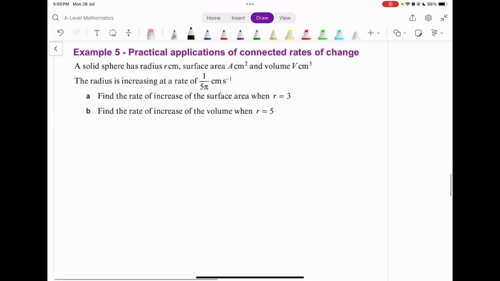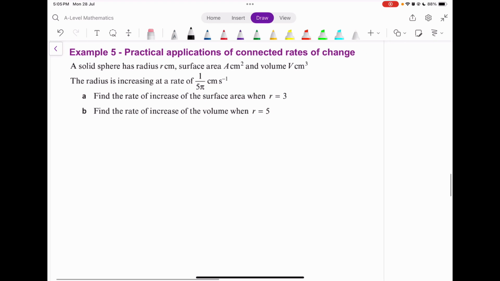Now again, a solid sphere has a radius of the surface area A and volume V. The radius is increasing at the rate of 1 over 5 pi cm per second. 所以看到吗？我们这里它直接写 unit，那我们就其实可以直接写它的那个 differentiation 了的。当你看到这个 per unit 的时候，永远都是 unit per second 还是 unit 什么的时候，我们就自己知道它是 differentiation 了的。所以这一个 case，我们可以得到的是 dr over dt，which is 1 over 5 pi.